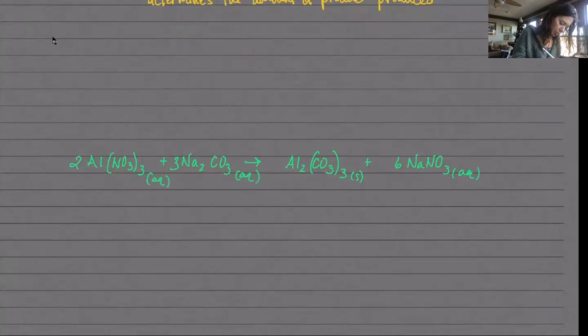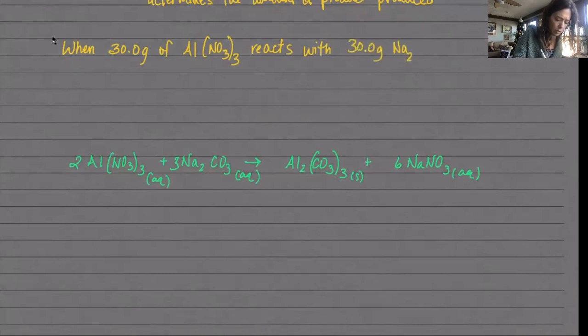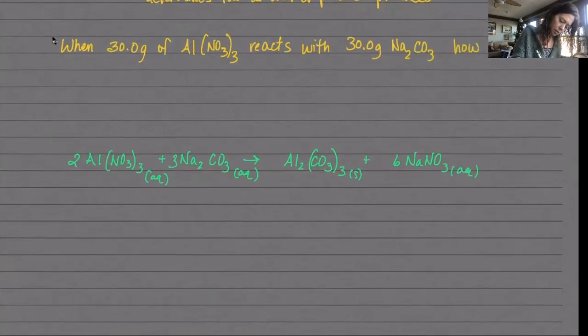We are going to write a problem that says when 30.0 grams of AlNO3 reacts with 30.0 grams of Na2CO3, how many grams of aluminum carbonate will be produced.